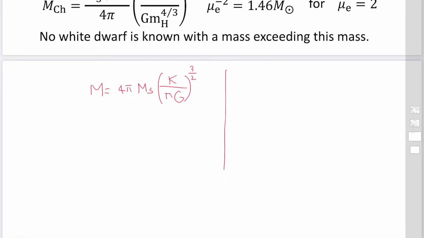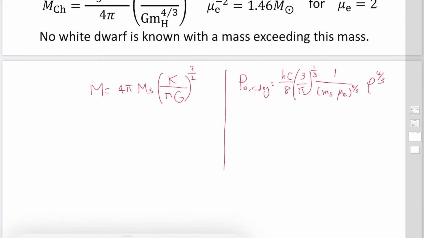In the case of the relativistic degeneracy pressure, K is (hc/8)(3/π)^(1/3)(1/(m_H μ_e))^(4/3), with P proportional to ρ^(4/3).